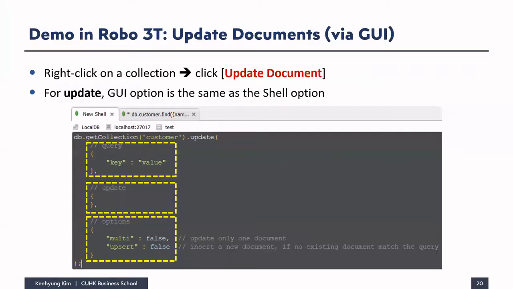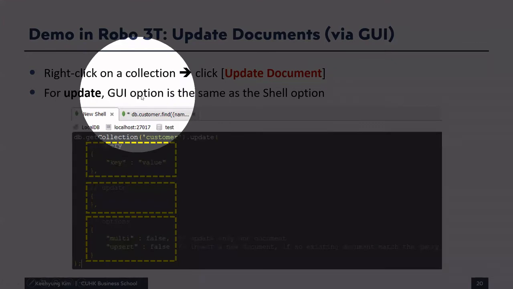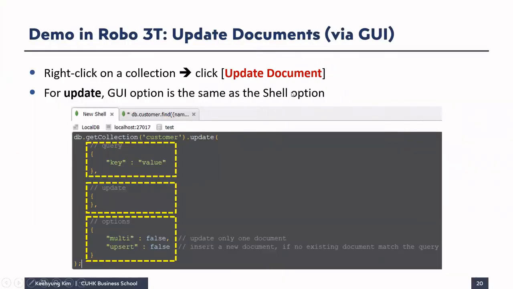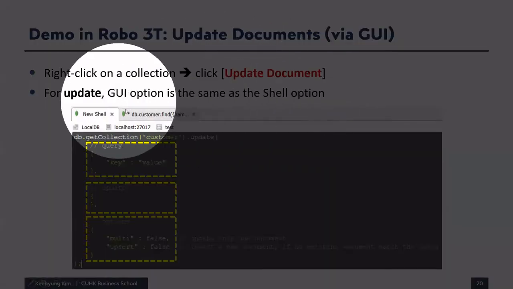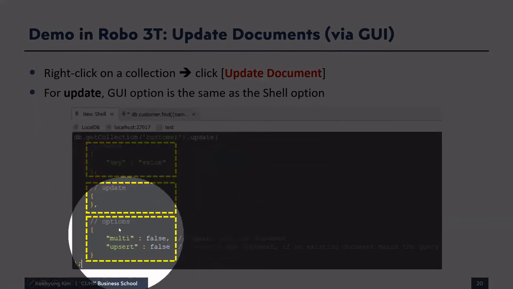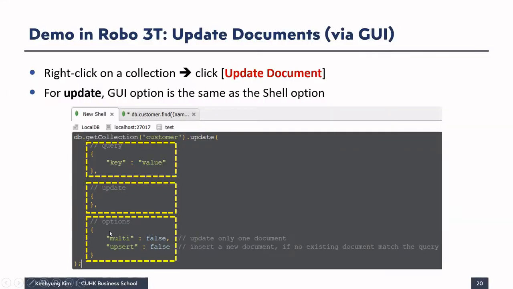For the update function, the GUI option is actually the same as the shell option, because if we utilize the shell option, we have to code there. If you use this GUI option, on the new shell it prepares some template code. So exactly it's the same. You can open a shell and design this code by yourself, or you can use the GUI option to design your code from the template like this.